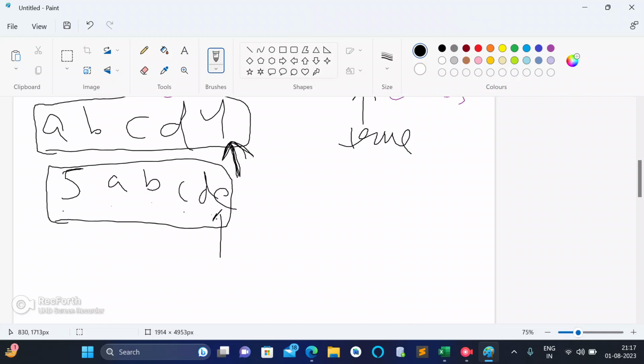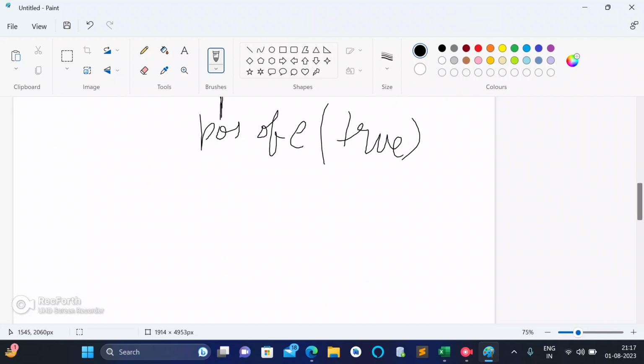Here in 5, A, B, C, D, E, you can see the end element is E. So my target is to make the end element position, that is the position of E, true.